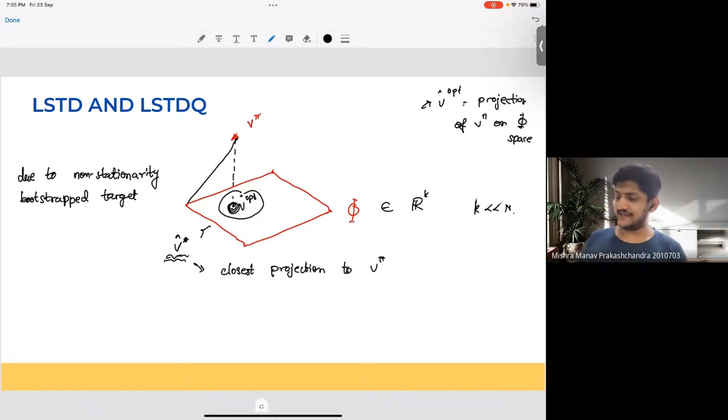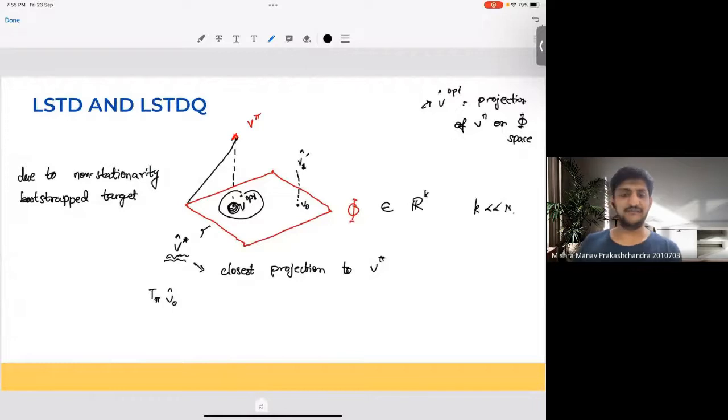Now, let's say I start with some initial estimate V naught. I operate on it with the Bellman operator, and I get some V1 prime hat.